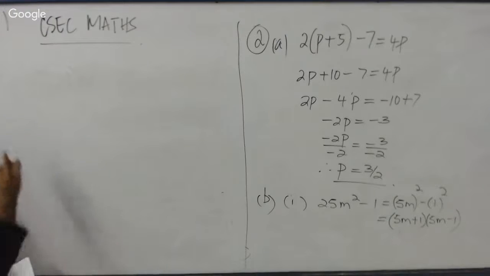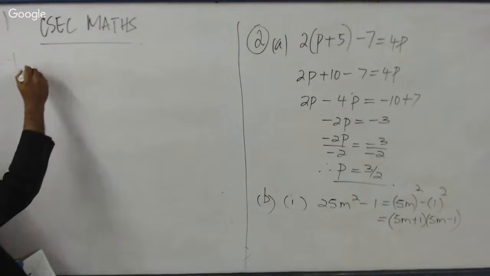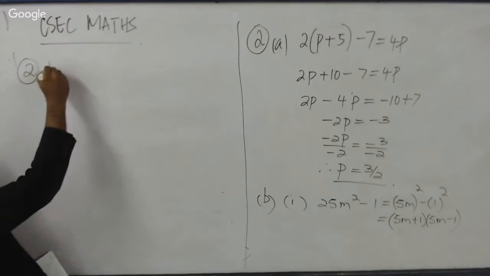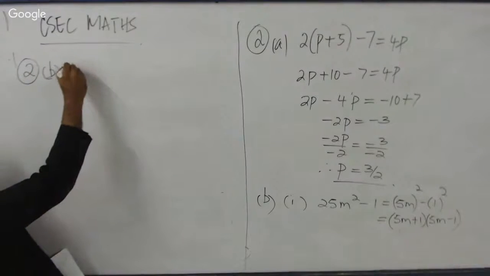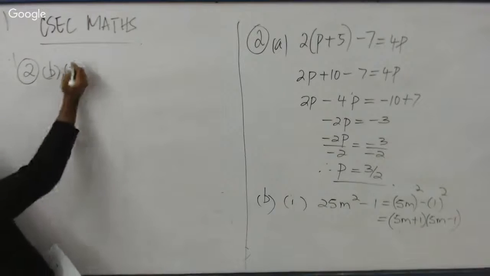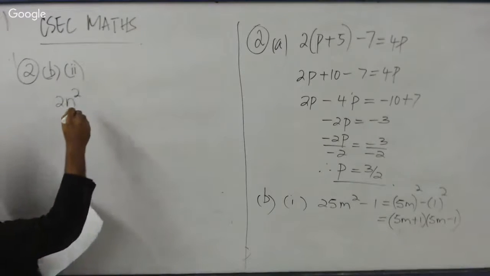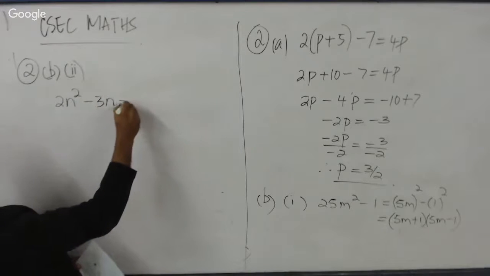If you're just joining us, we're looking at the practice set. We have question 2B part 2. 2B part 2 is an example of a quadratic factorization. Check it: 2n squared minus 3n minus 20.